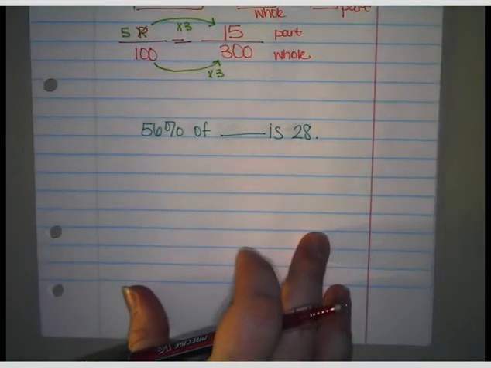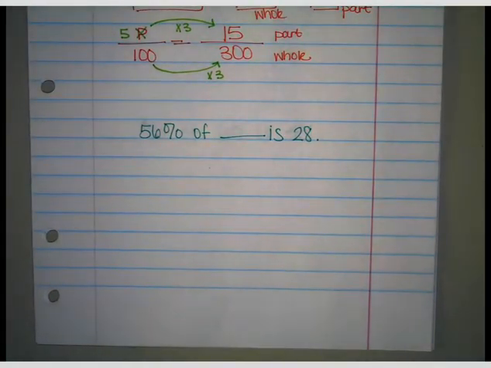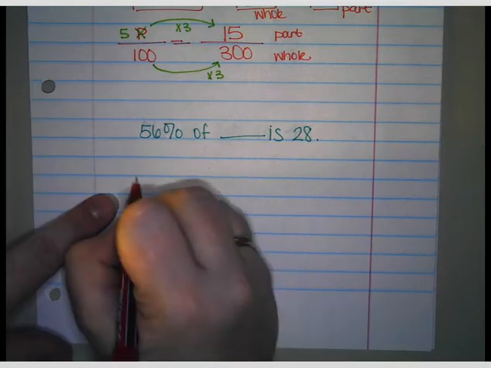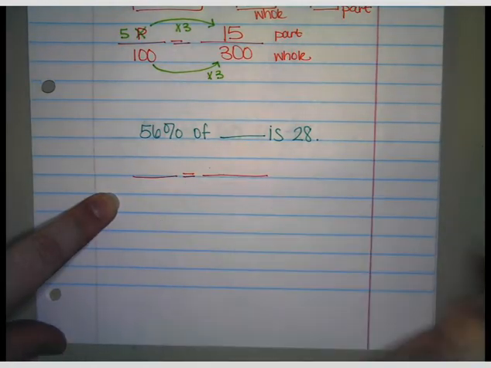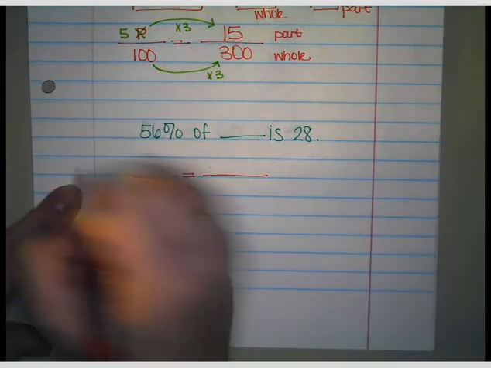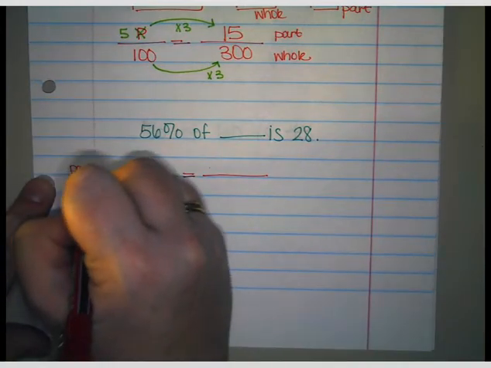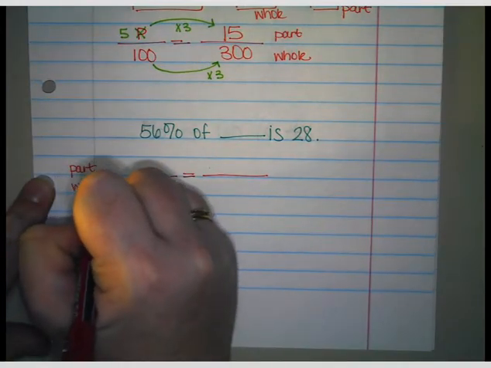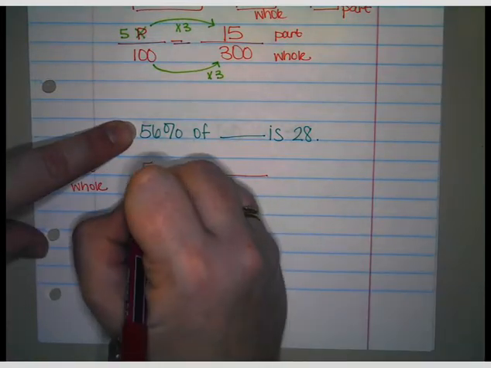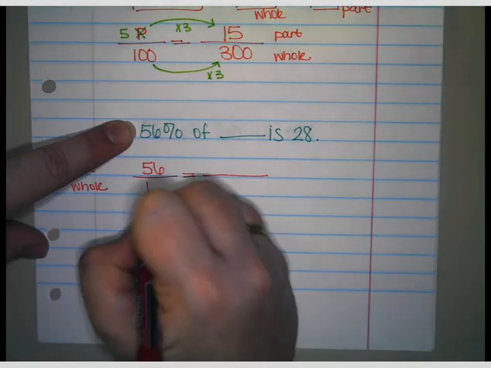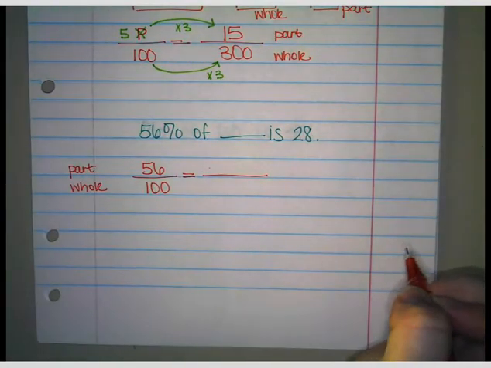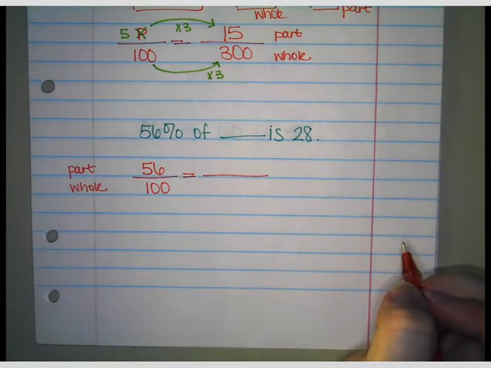Last one that's kind of a review of what we did in class. I'm going to set up 2 ratios that are equal to each other. The first ratio comes from the percent, and it has the part in the top and the whole in the bottom. With 56%, the part is 56 out of the whole is 100. Percents are always out of 100.